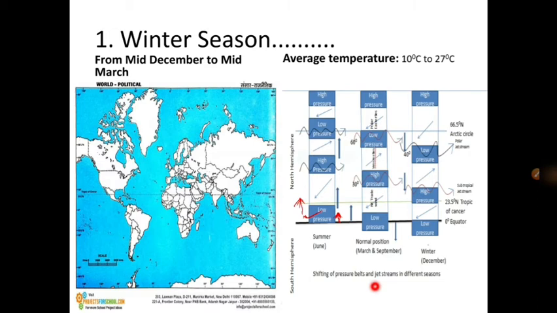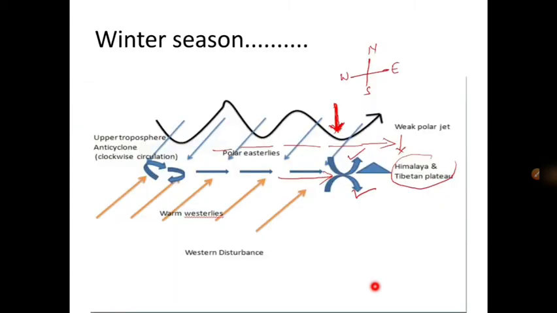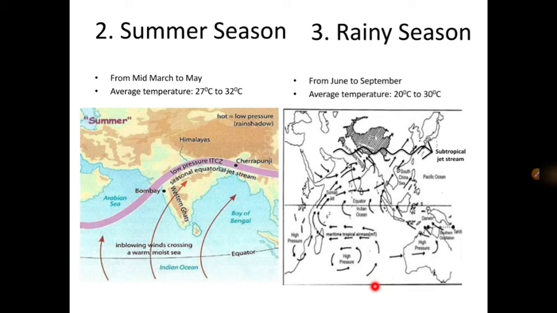Temperature rises abruptly, mainly over North India, and continues to rise up to June when the sun is vertical over the Tropic of Cancer, that is summer solstice on 21st June.